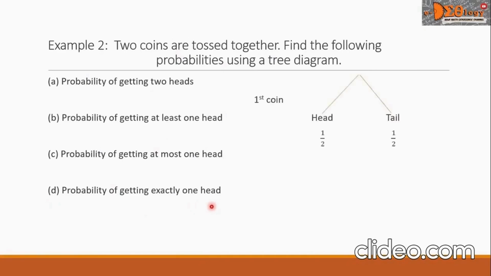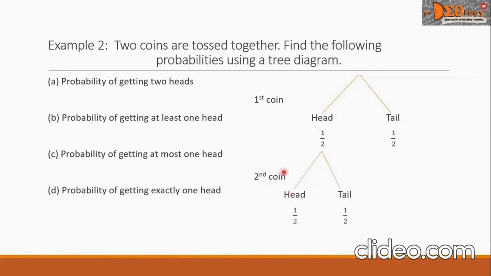Let us write our tree diagram. Let's begin with the first coin. In the first coin, there are 2 sample spaces, and these are head and tail. The probability of getting a head is 1/2. The probability of getting a tail is also 1/2.